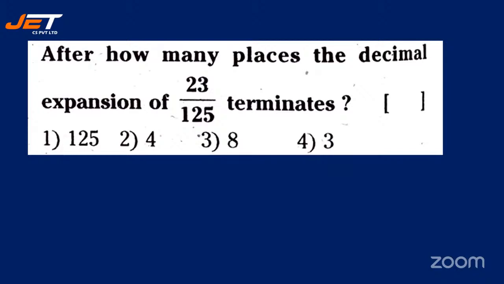Maximum try avoid using calculators. Let's see the answer. It is 3 because when you divide 23 by 125, we get 0.184. Isn't it? That's why I gave you 1 full minute to calculate.